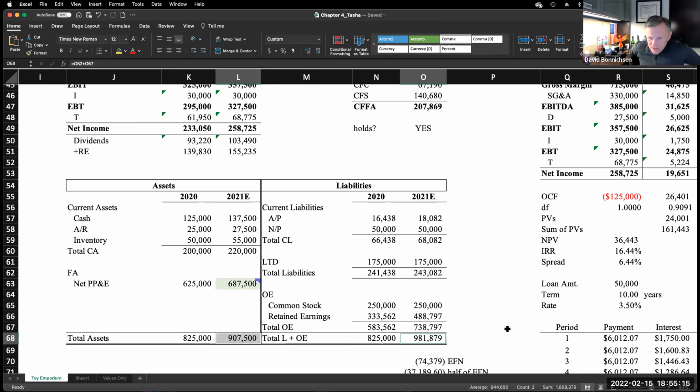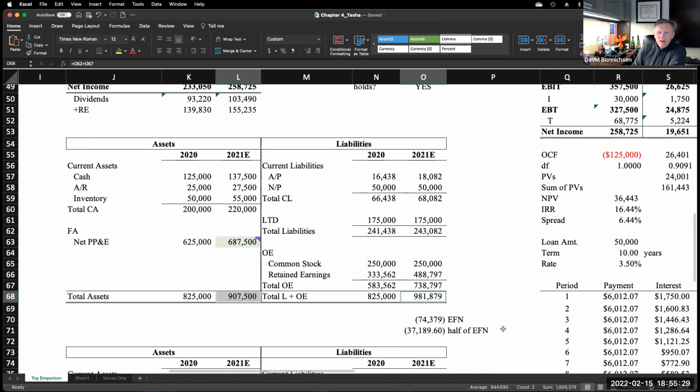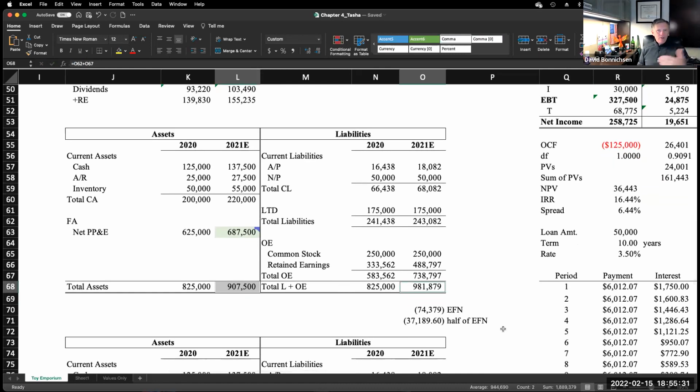We have assets of 907,500, and we have liabilities and owner equity now of 981,879, which leads us into the conversation that you guys in this class are getting insight into that other students are not getting, right?